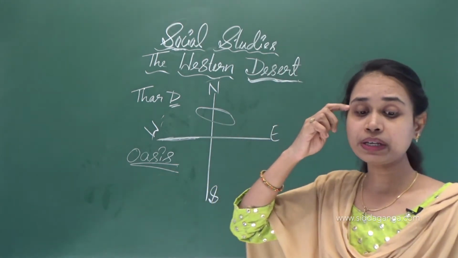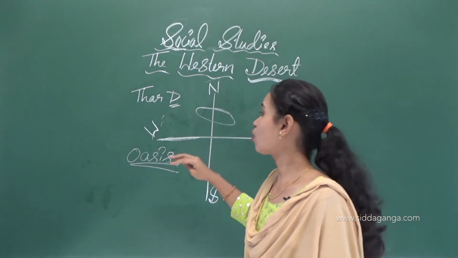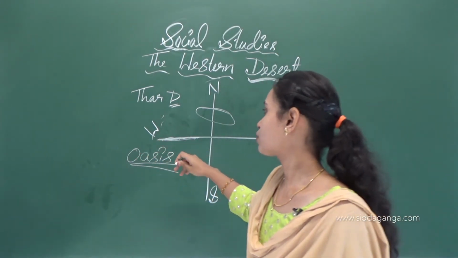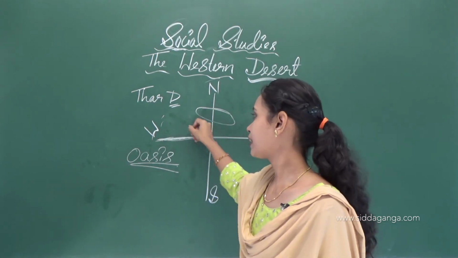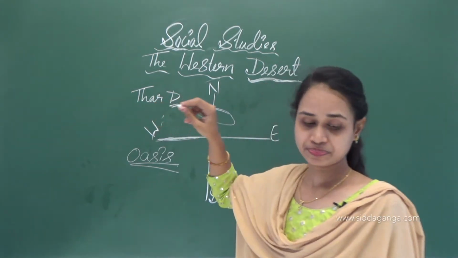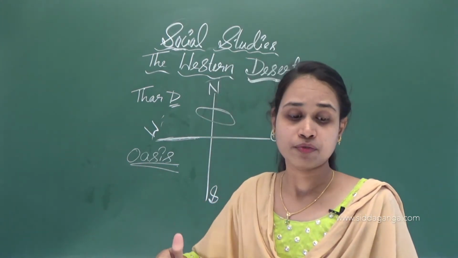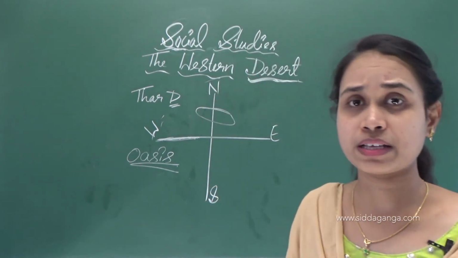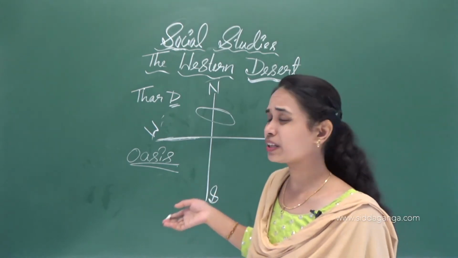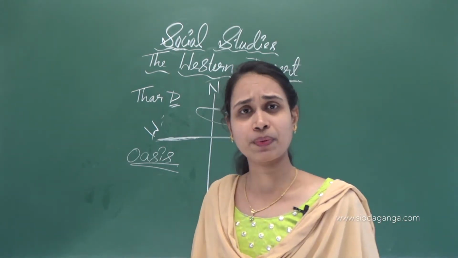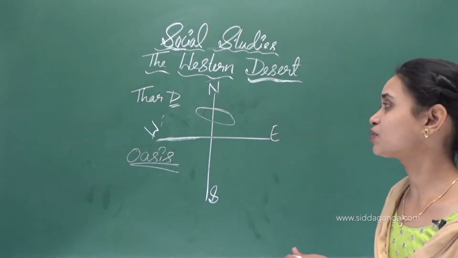People here rear goats, sheep and camels. Here we can see camels in the desert area. They keep on moving from one place to another in search of food.